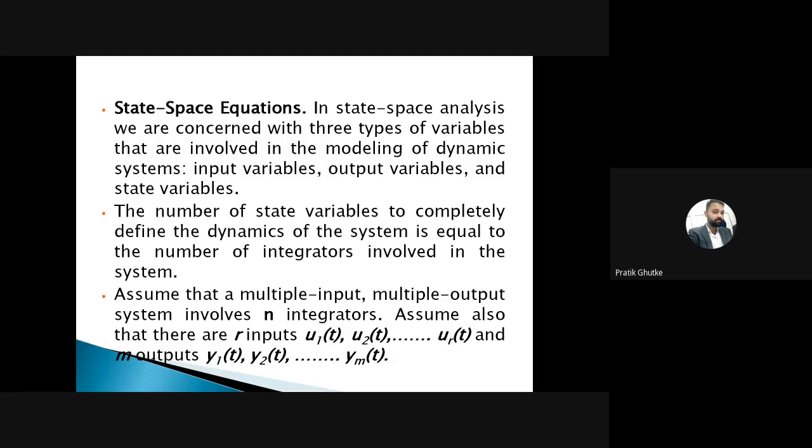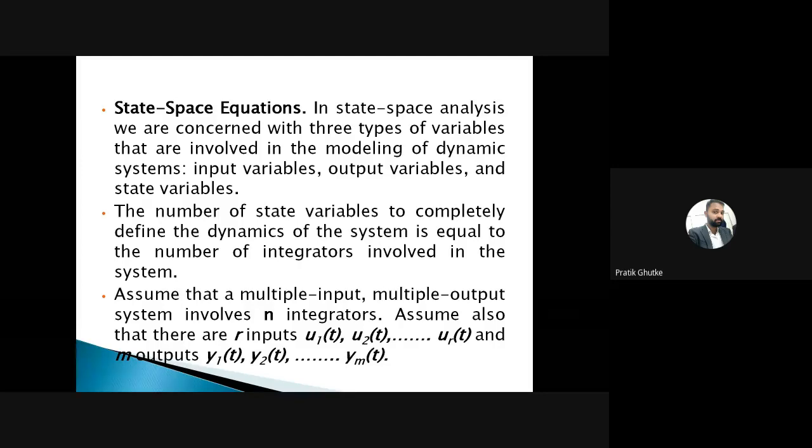The number of state variables needed to completely define the dynamics of a system is equal to the number of integrators involved in the system. Assume a multiple input, multiple output system, that is a MIMO system, which involves integrators.